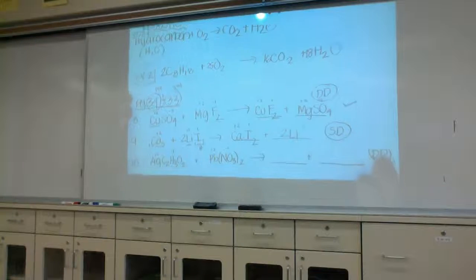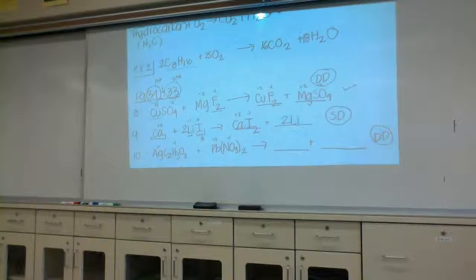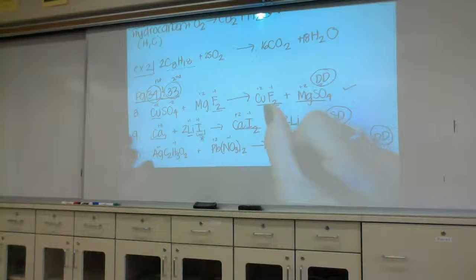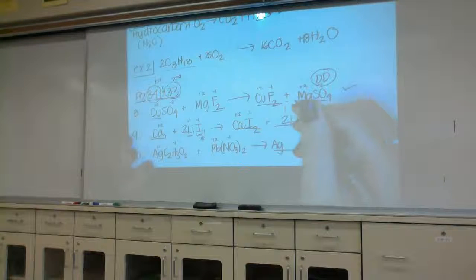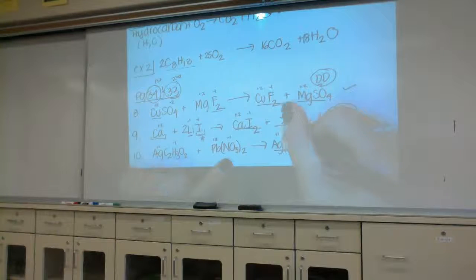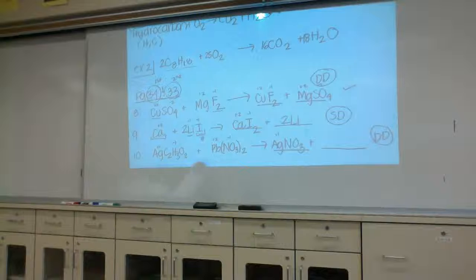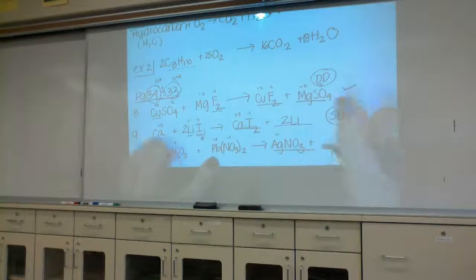So, I put my first positive with my second negative. That's going to be Ag, that's a +1. And then I need to go with my second negative, NO3, that's a -1, so it's just going to be AgNO3. Then I'm going to take my second positive, that's Pb.